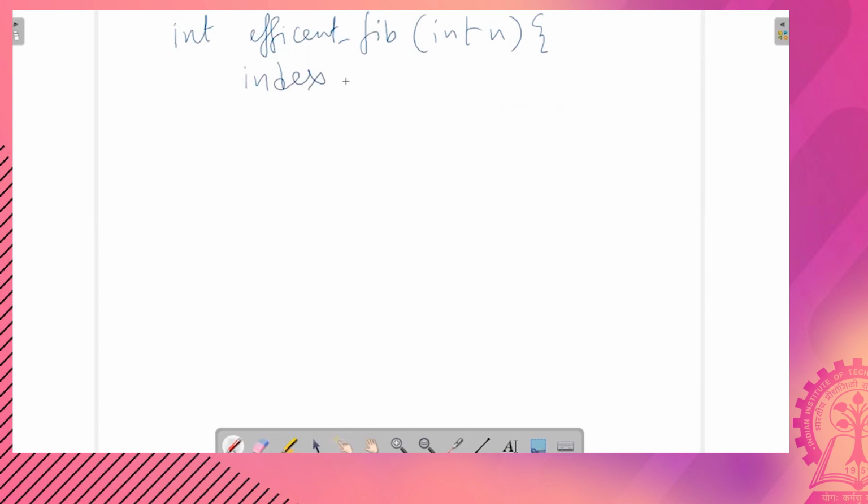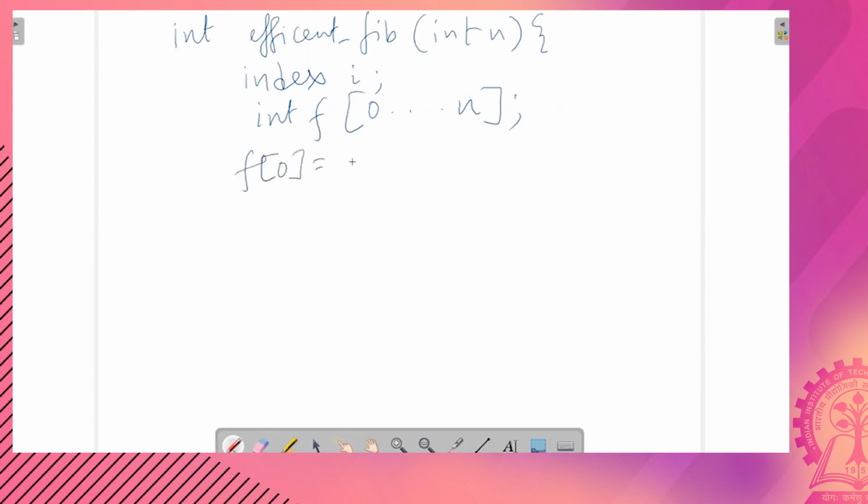We define an index i. We have the elements f0 to fn to be stored in an array.